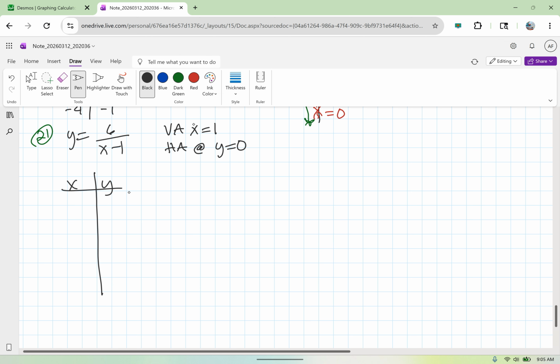And so when x is equal to 2, that's 6 over 2 minus 1, 6 divided by 1, which is 6. When x is 3, I want you doing this math, please. We're plugging in values of x into here and then doing the math to find out what y is.